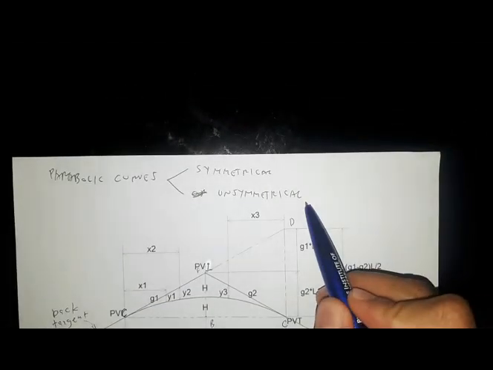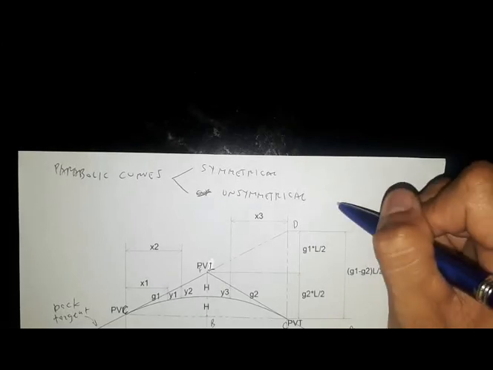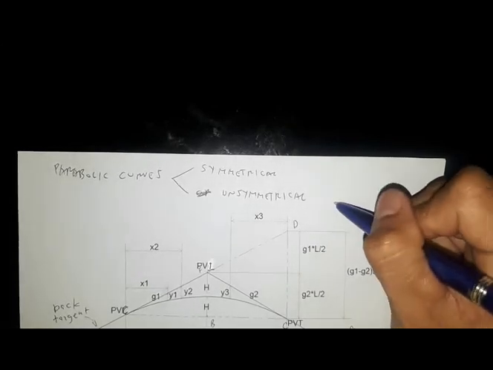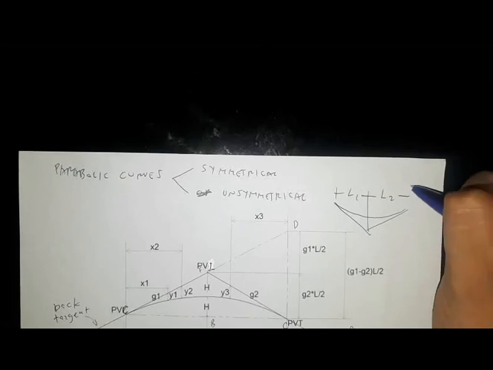While an unsymmetrical curve has the length of the left side L1 not equal to the length of the right side L2.